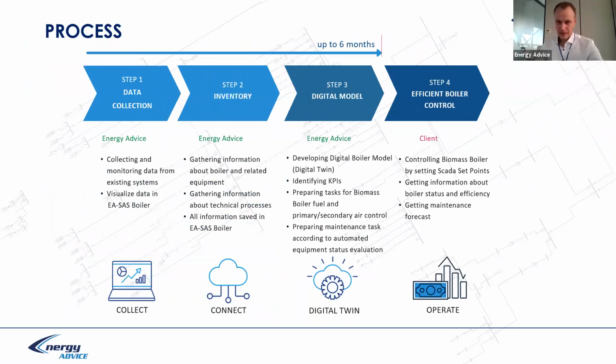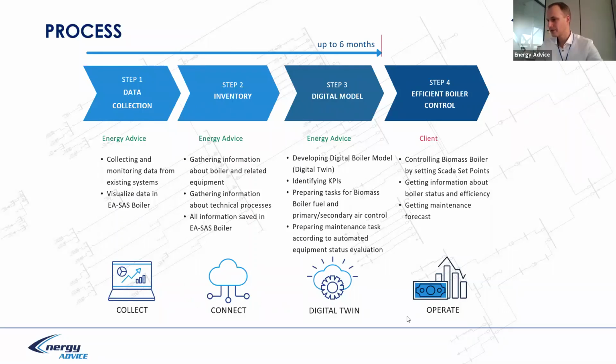How we understand the process and how we do data collection. First we collect the data: we install the data collection software, collect the data from the SCADA system, and visualize all your data on EA-SAS Boiler. In fact, here you can stop.